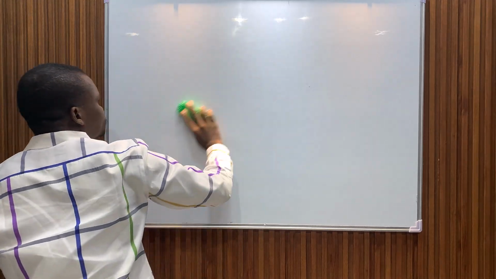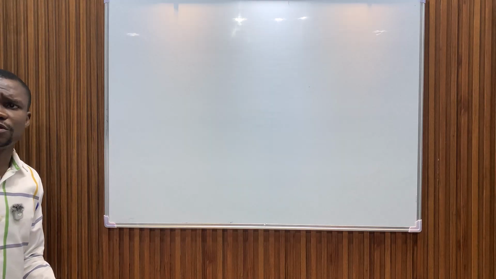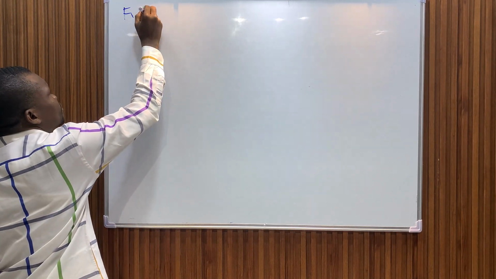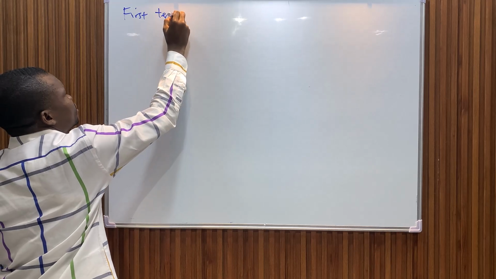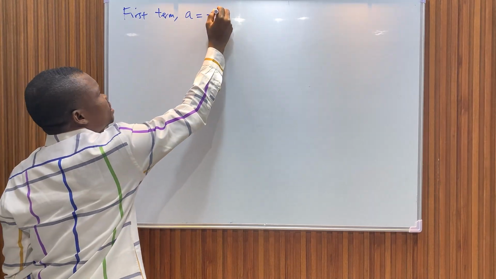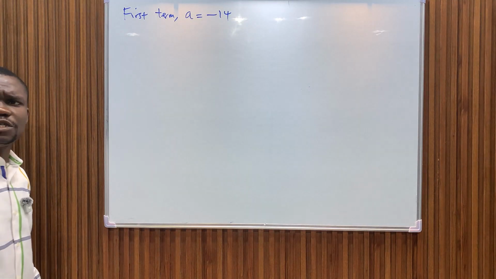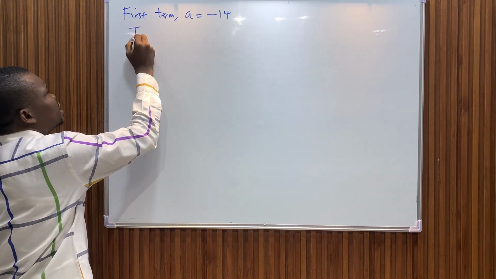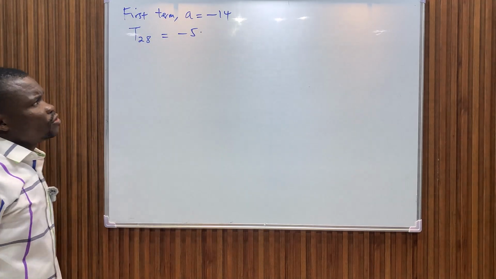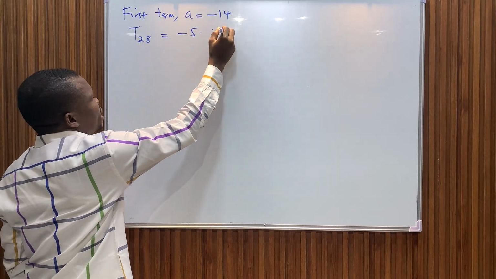We are told that the first term A is minus 14, and the 28th term, T28, is minus 5. Of course, you can see that our n here is 28.